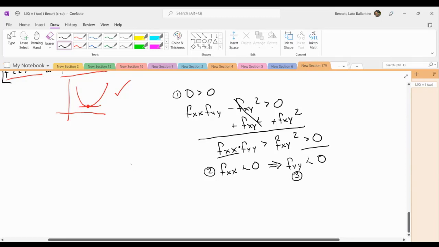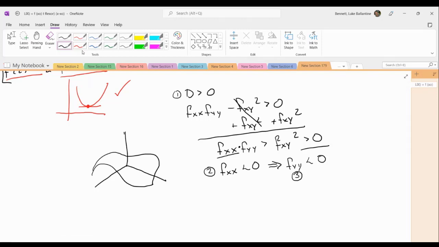At some fixed y value, we have some curve on the surface, the mapping of a curve onto the surface.